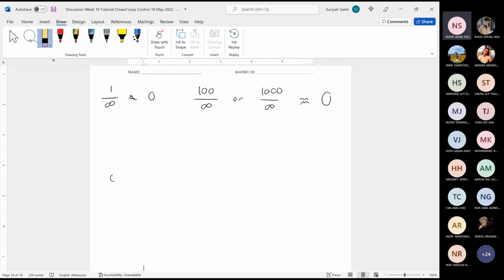Here, if we recall, offset equals y prime sp infinity minus y prime infinity. So what is the value of the offset?